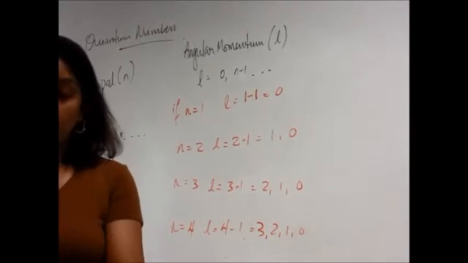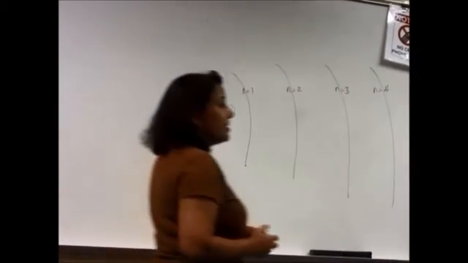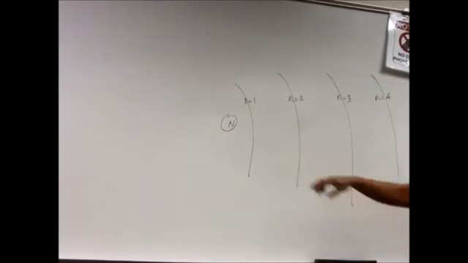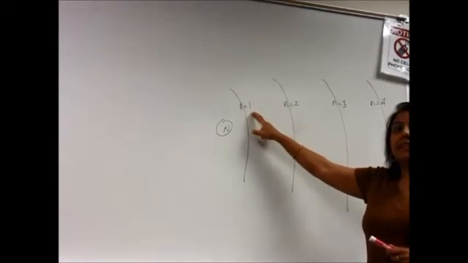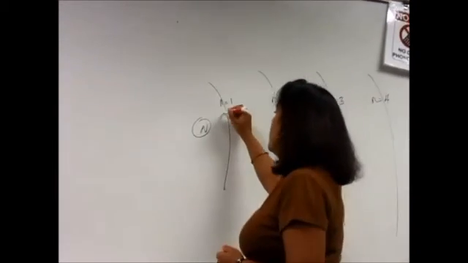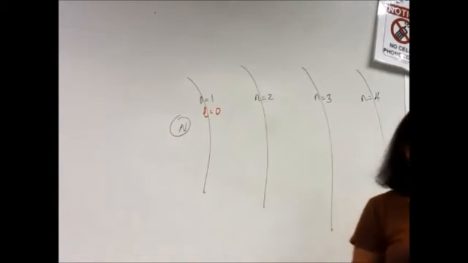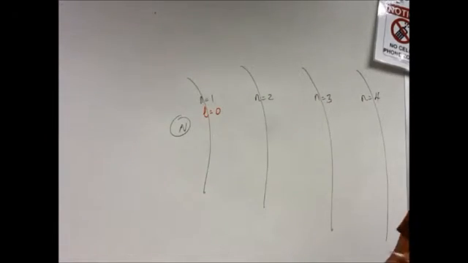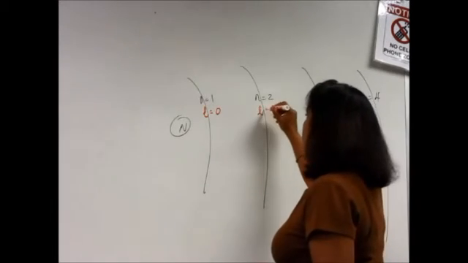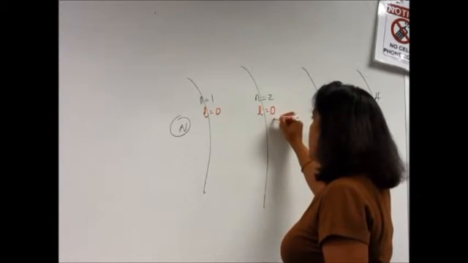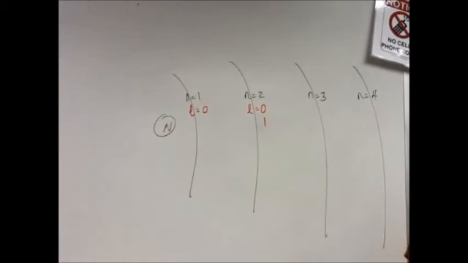How does that work? On the shell, this is how it works. All these numbers are well and fine, but unless you see how it works in an atom, that's not going to make any sense. So right here n is equal to 1, which means that L is equal to 0. If n is equal to 2, L is equal to 0 and 1.